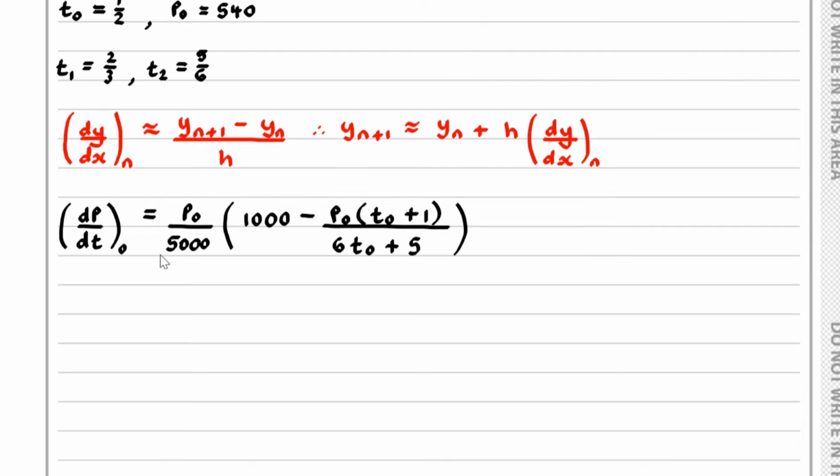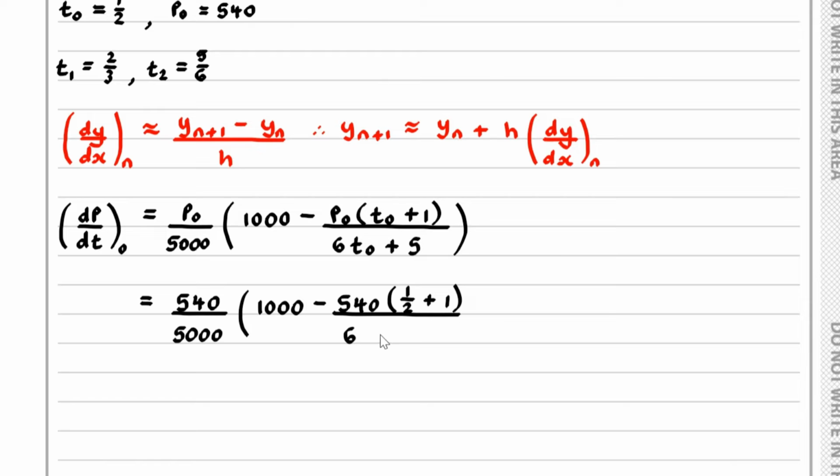So, substituting in for T0 and P0, we have 540 divided by 5,000 multiplied by 1,000 subtract 540, multiplied by 1/2 plus 1, divided by 6 multiplied by 1/2 plus 5.